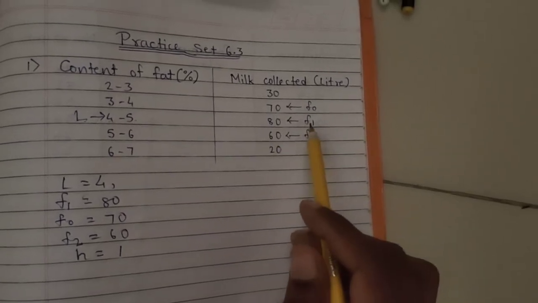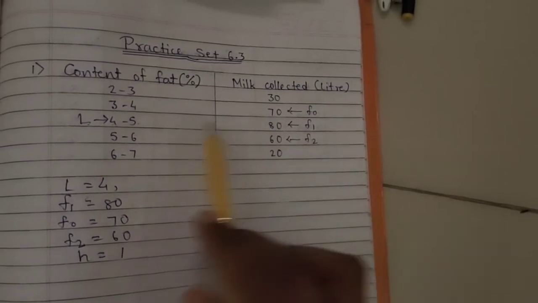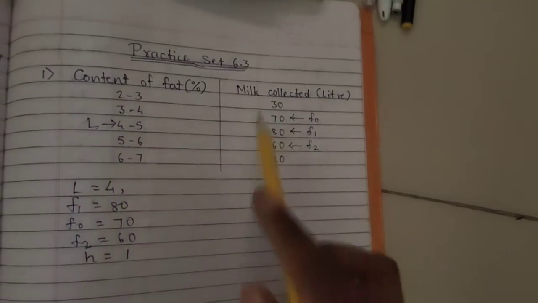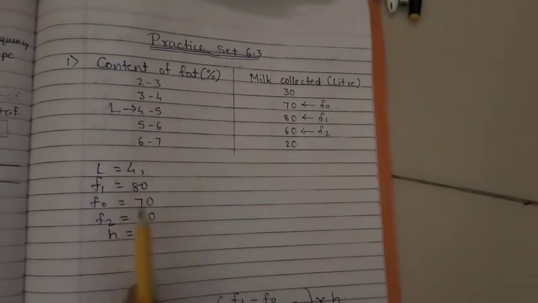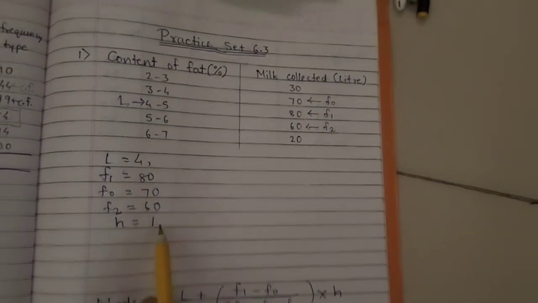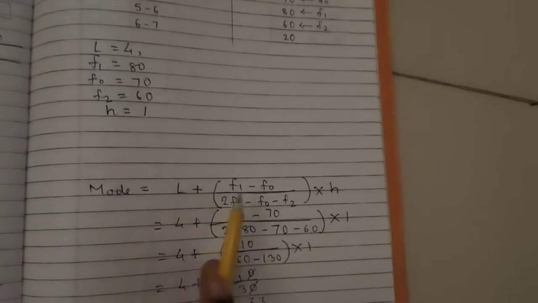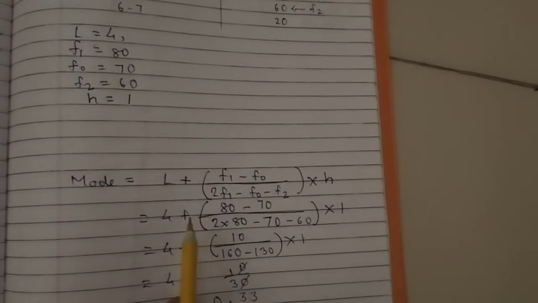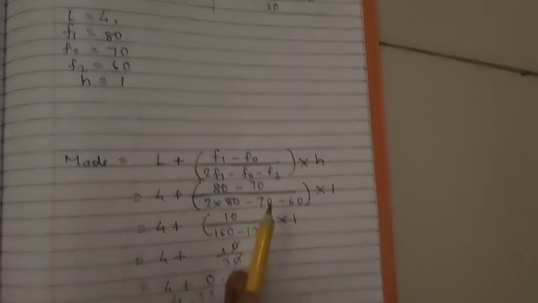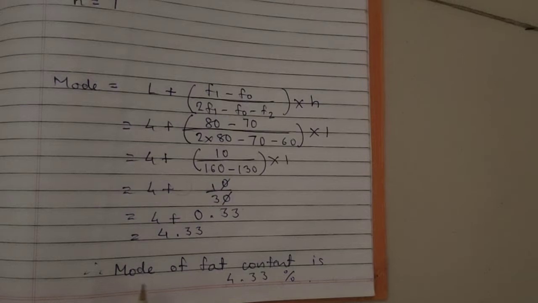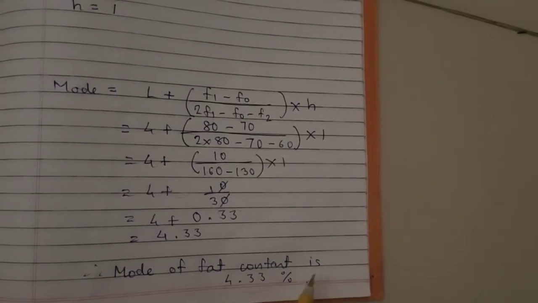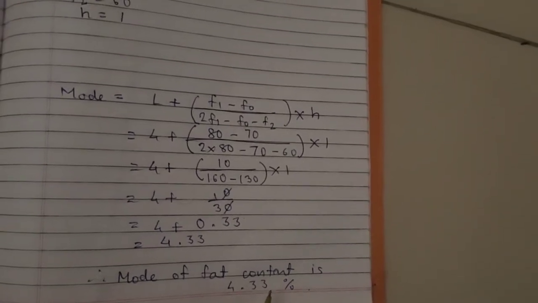Then lower boundary of F1 forms your L. So after that write all the values which you are getting from the table, and then write H value, and then use your formula to calculate mode. Substitute the values properly and simplify it to get your final answer, and then write your final answer, that is mode of fat content is 4.33%.